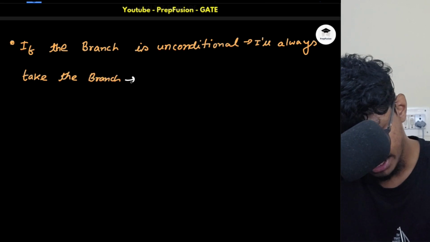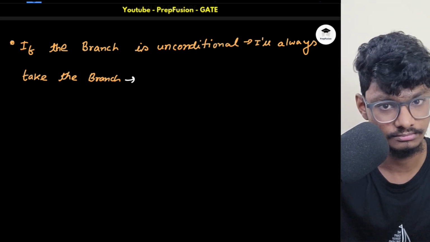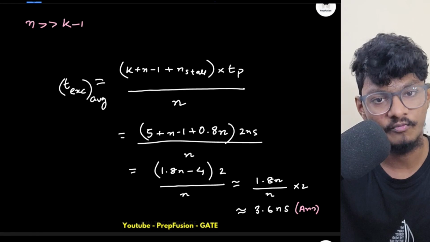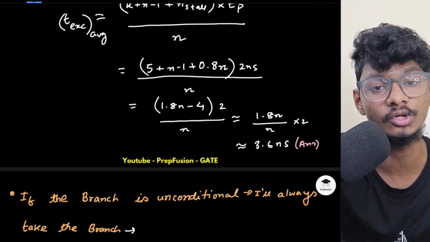That means I have to wait until the current instruction gets executed, because if I am branching, obviously the current instruction needs to be executed first, then I will go to the target instruction. I cannot simply do sequential operation.